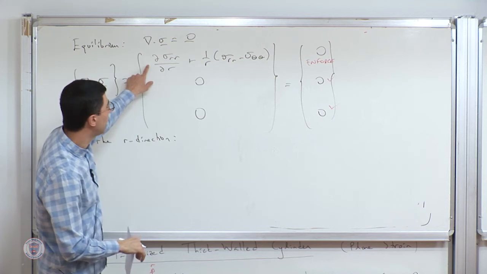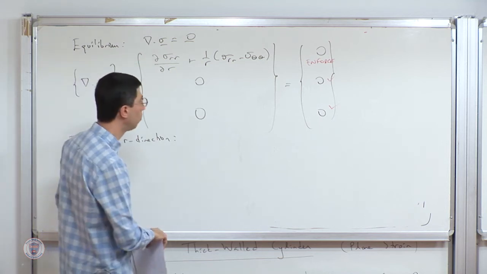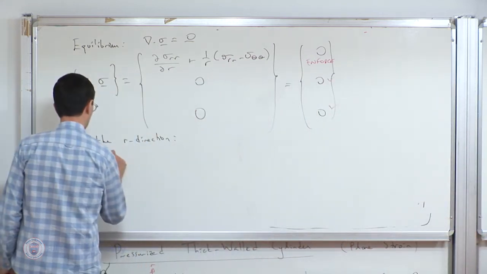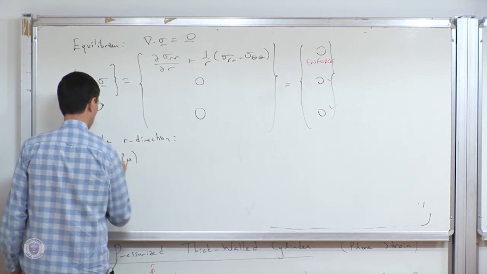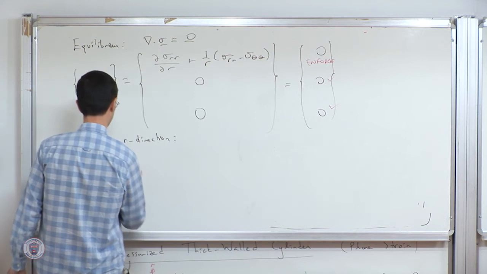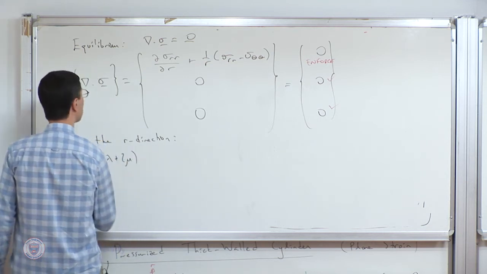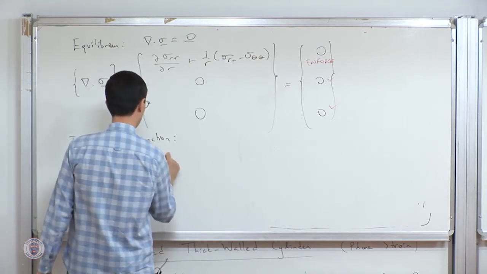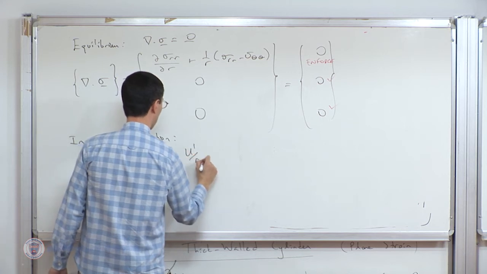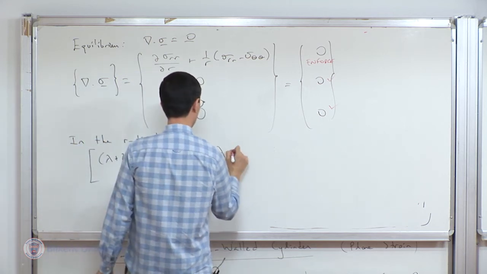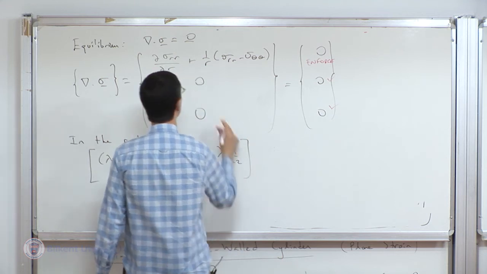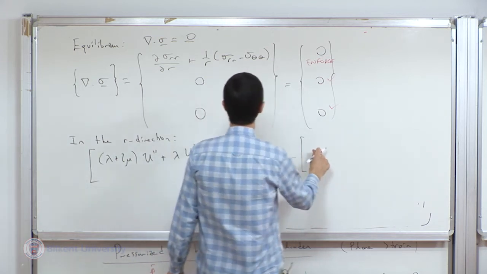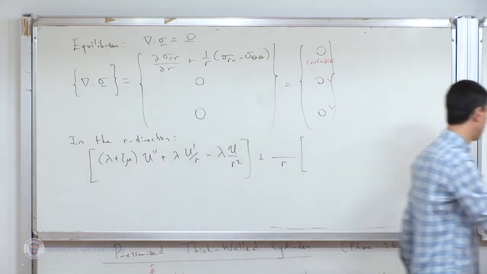the first one, which says derivative of sigma rr with respect to r. So lambda plus 2 mu, I'm writing the first component, lambda plus 2 mu u double prime plus lambda u prime over r minus lambda u over r squared, and then plus sigma rr minus sigma theta theta over r.